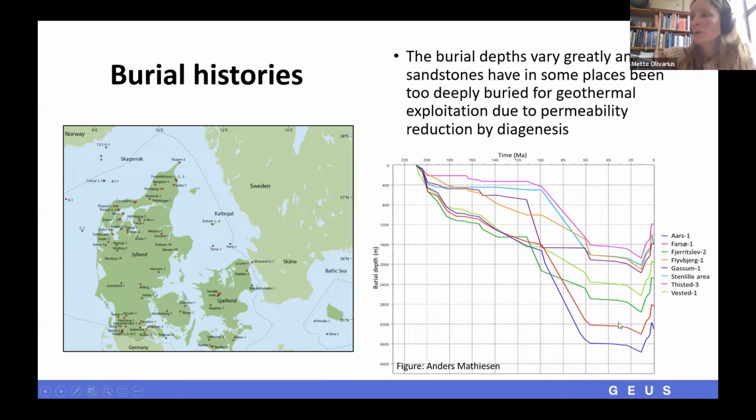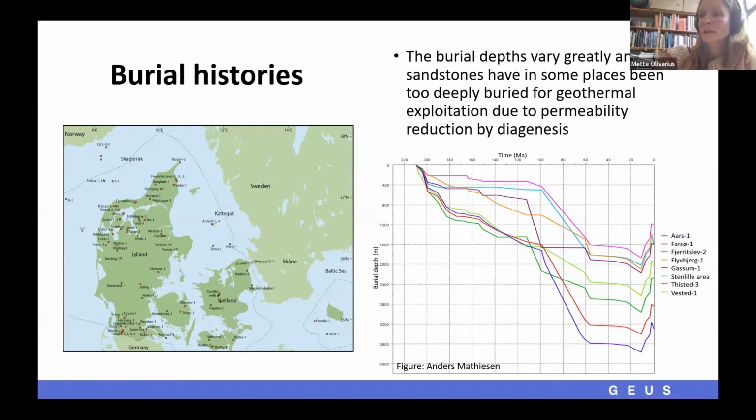And with regard to reservoir properties, this is not critical for this Tistel well, but looking at, for example, the deepest one, the Ors, you can see how it has been down to depths of 3.6 kilometers. That corresponds to such high temperatures that a lot of diagenesis goes on, so a lot of precipitation between the sand grains.